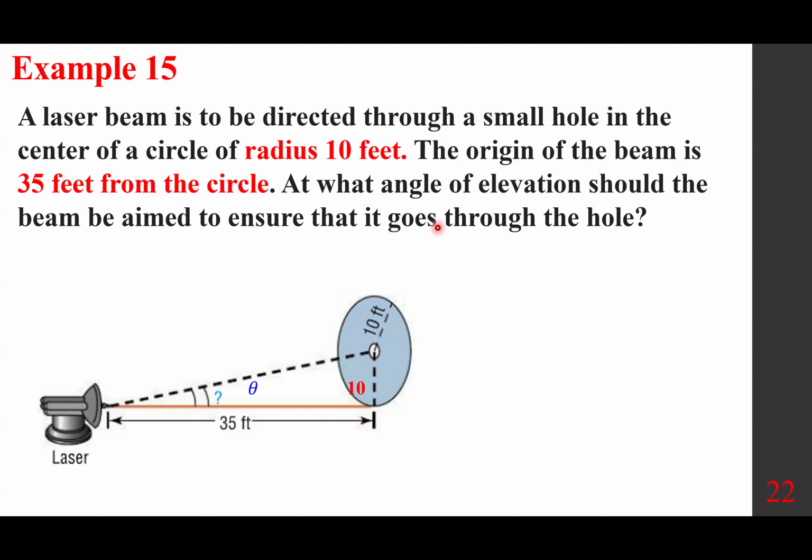So here's what's happening. We're going to call this theta. This is 10 feet, and we want to calculate this angle. Tan of theta is the opposite 10 over the adjacent 35.